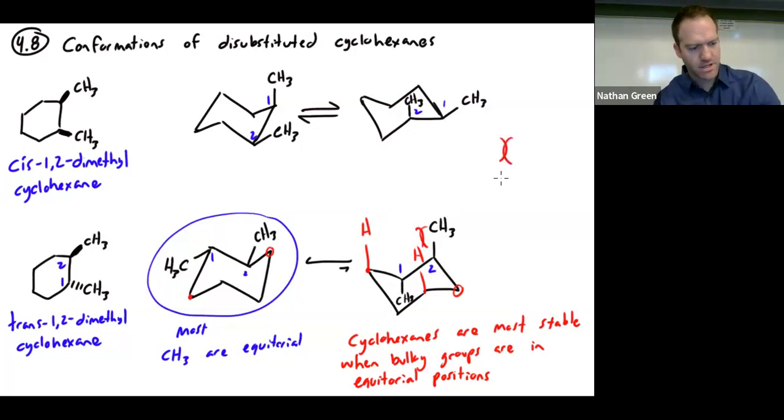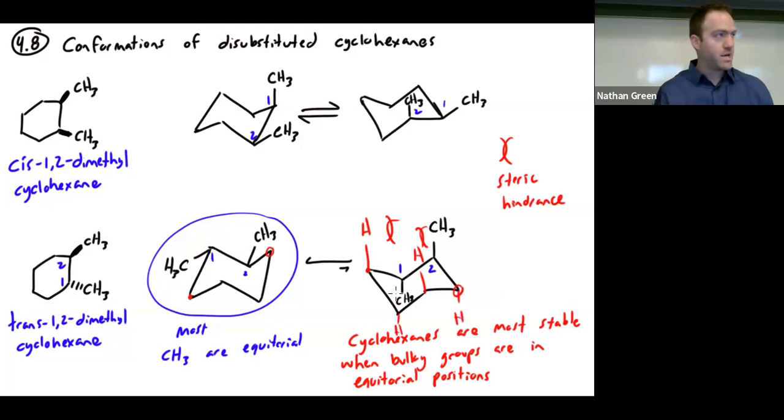This is called steric hindrance. This methyl group runs into that hydrogen at that axial position and this hydrogen at that axial position. Same thing down here. This methyl group runs into that hydrogen and that hydrogen. So we have these diaxial interactions from the methyl groups being in the axial position. We alleviate that when the methyl groups are in the equatorial position.